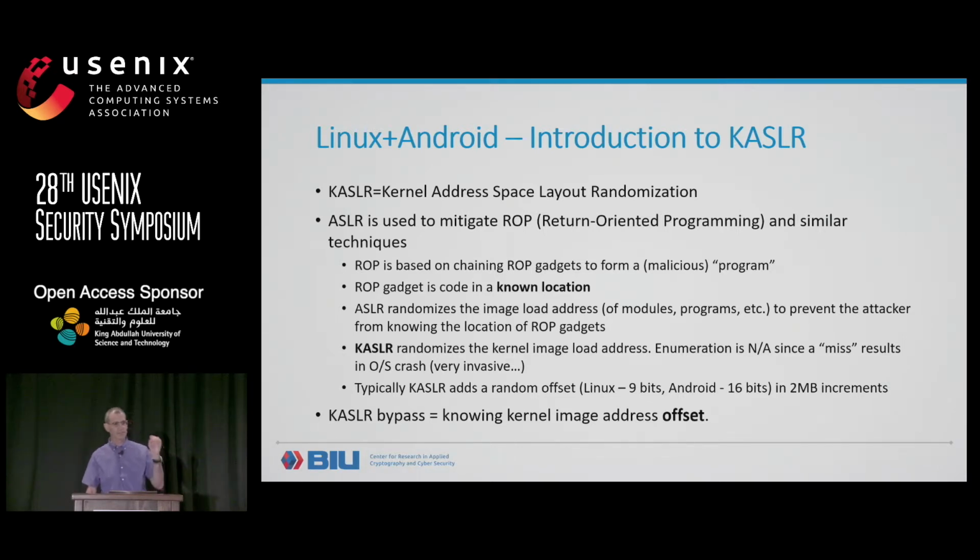The attacker really needs to know the random offset of the KASLR in order to mount a ROP attack. So having a KASLR bypass equals knowing the kernel image address offset. And this will be useful in a moment.